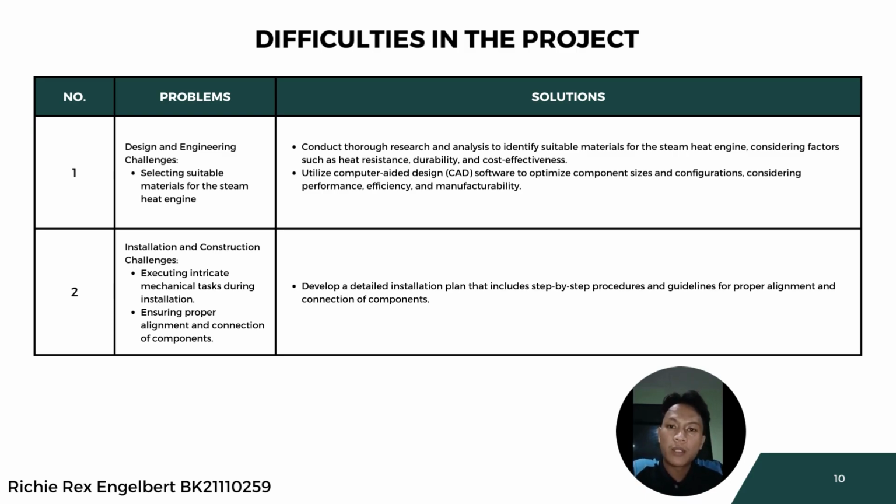The solution is that we conducted thorough research and analysis to identify suitable materials, considering factors such as heat resistance, durability, and cost effectiveness. We also utilized computer-aided design with CAD software to optimize component size and configuration, also considering performance, efficiency, and manufacturability.